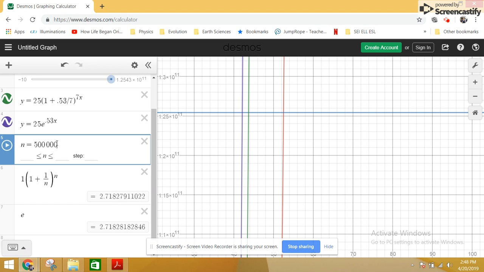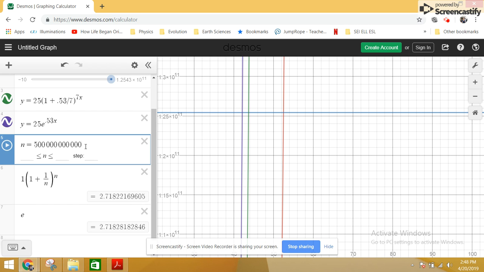But as we increase the number of compounding events, this number here becomes closer and closer to this number until Desmos freaks out. I'm going to just keep adding zeros until Desmos freaks out. I think Desmos is starting to freak out at this point because it's starting to veer off.